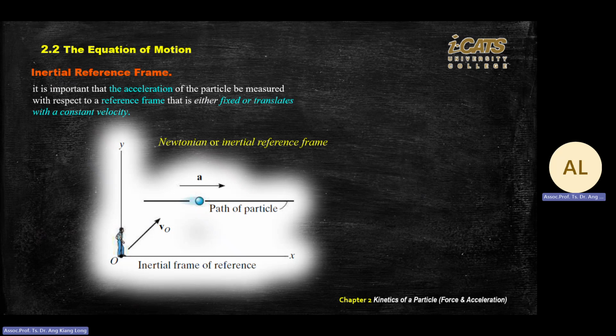Okay. Now, this we already know from chapter 1: every time we do analysis, we have a reference point, and we always label our reference point as O, and the path of the particle, the direction. From chapter 2 onwards, your positive direction always follows the motion.